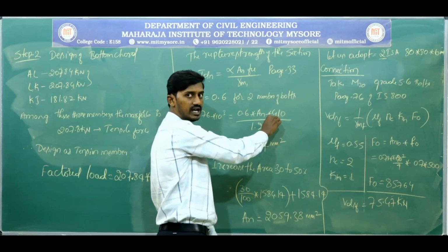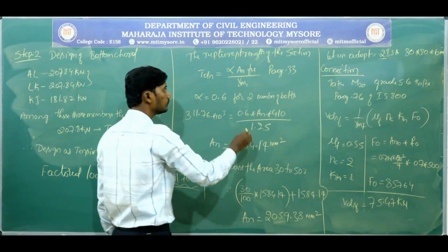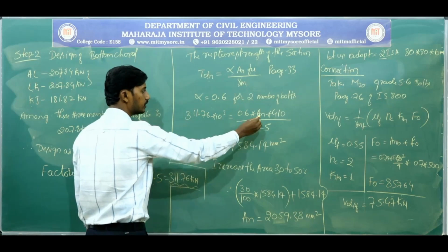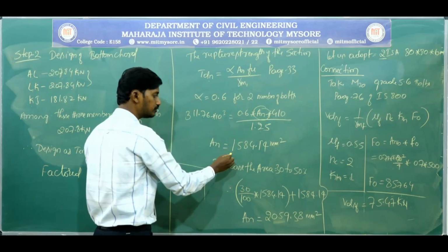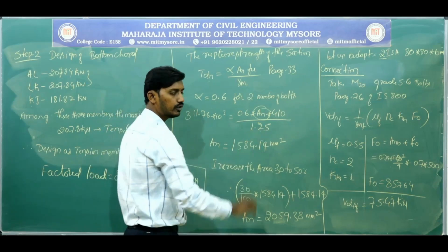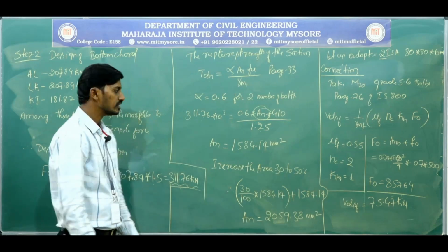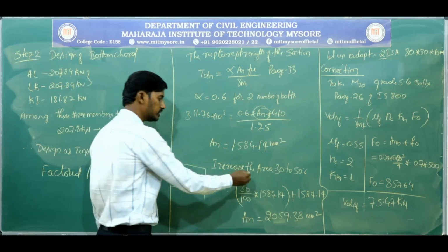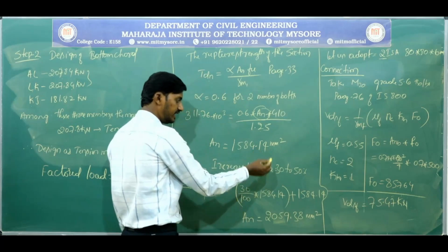Fu is the ultimate strength of the angle or plate, 410, and factor of safety 1.25. So if you solve this, we are going to get AN as 1584.14 mm square.